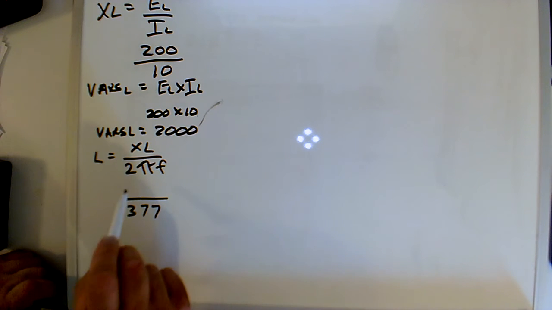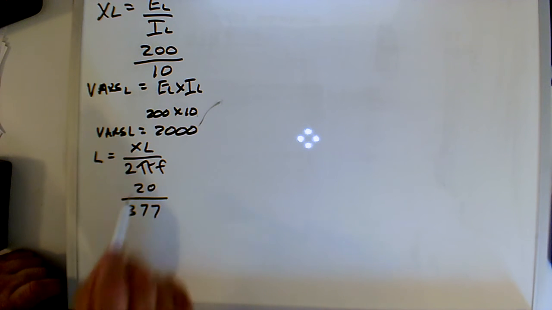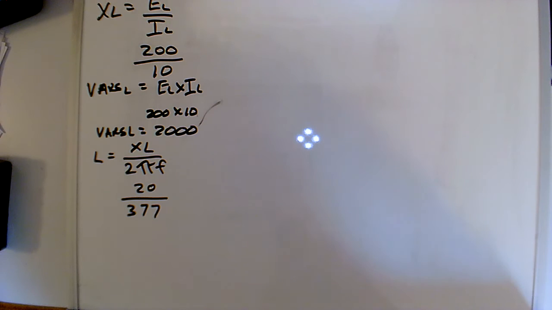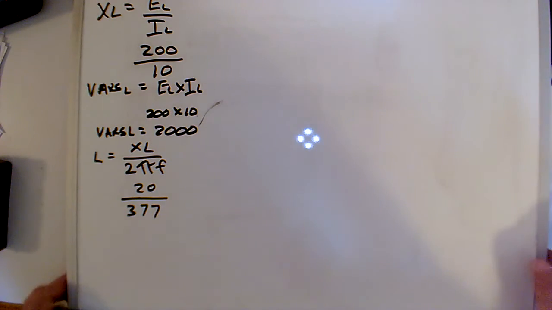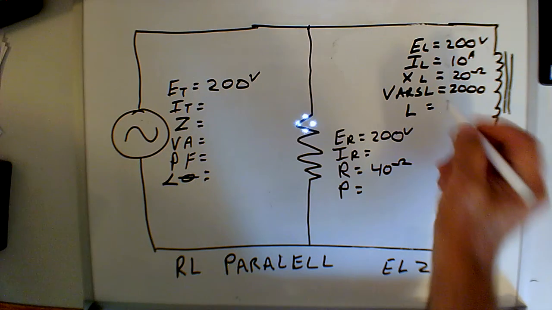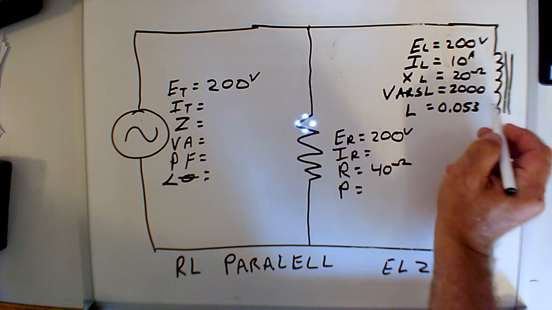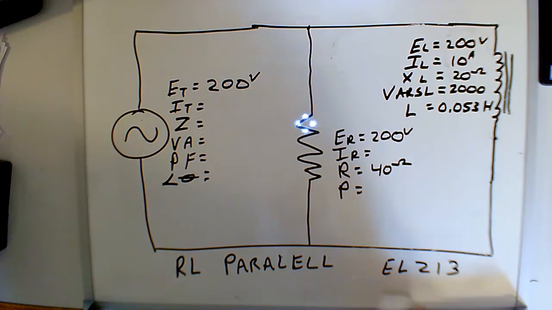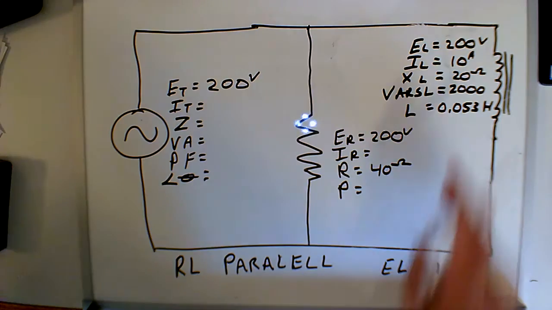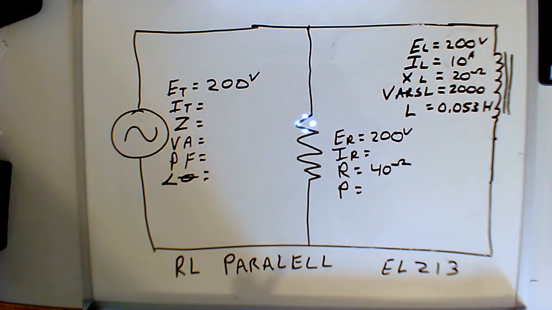And my XL in this case was 20 ohms. So 20 divided by 377 equals 0.053 Henry. That's the inductance value of this inductor.